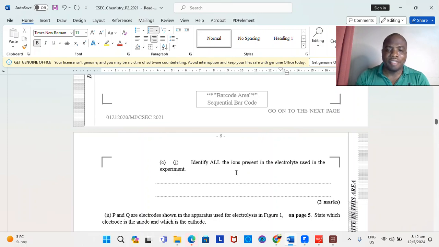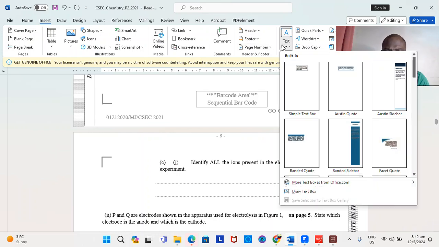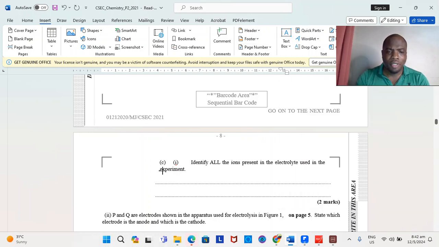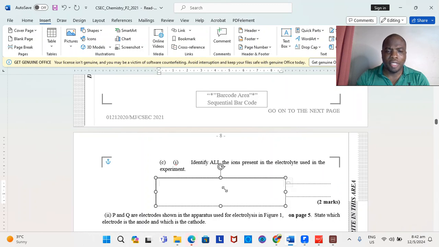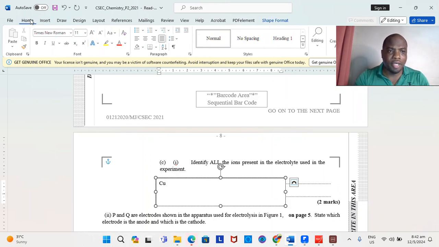It says identify all the ions in the electrolyte used in the experiment. And if you can recall, by memory, we said that it's aqueous. And so all the ions that are present, we have our copper 2+ ions.